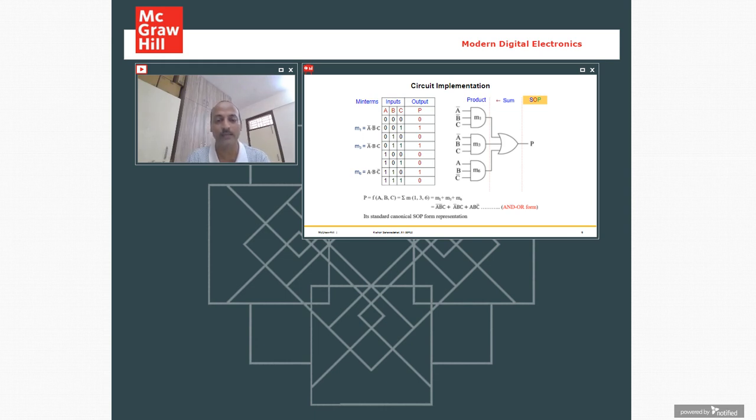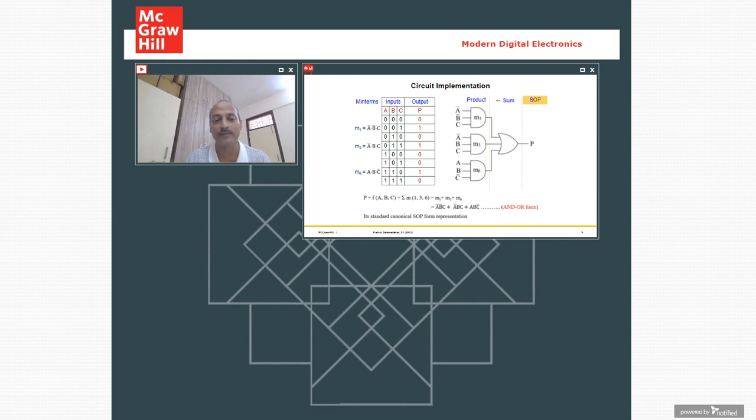When we write it in the standard canonical form, it is represented as A bar B bar C plus A bar B C plus A B C. And if we map this circuit, then directly we will get three 3-input AND gates, M1, M3, M6, corresponding to the minterms, and the outputs are then summed so that the given truth table output, that is column P, we will be able to generate.